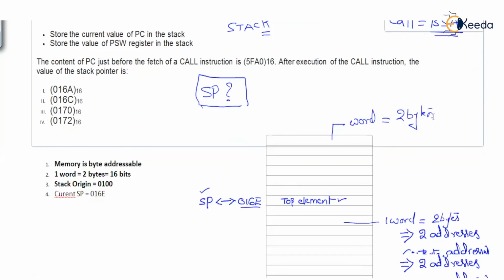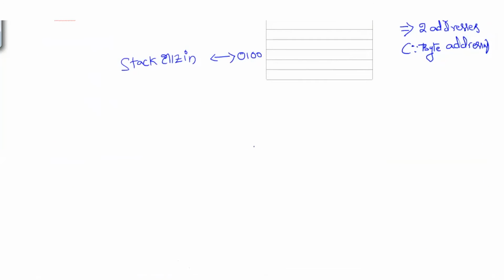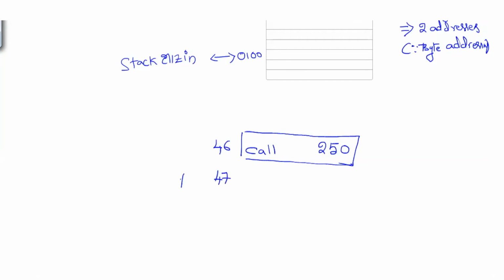For example, there is something called call 250. This instruction is available at a memory location called 46. The program counter value may be 47, the next address. Whenever there is a call instruction, we will be branching to 250, in which there is a subroutine.